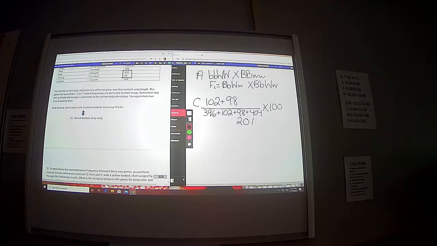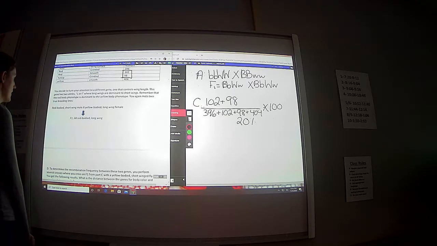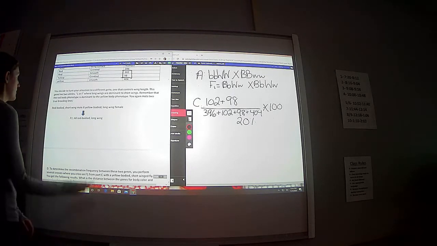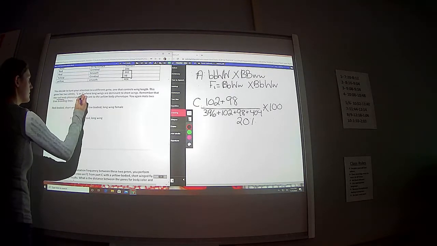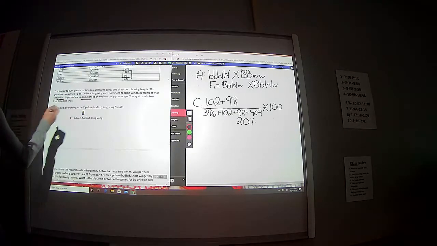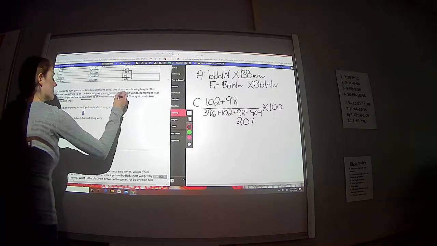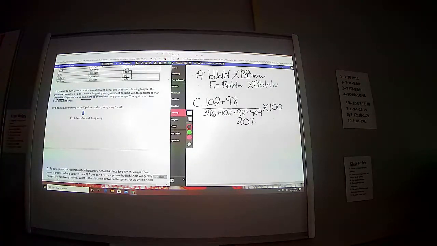So you decide to turn your attention to a different gene, one that controls wing length. This gene has two alleles, capital L or lowercase l, where long wings are dominant to short wings. Remember that the red body phenotype is dominant to the yellow body phenotype. You again make two true breeding lines. So I'm just going to underline real quick my dominant traits. A red-bodied short-winged male and a yellow-bodied long-winged female.